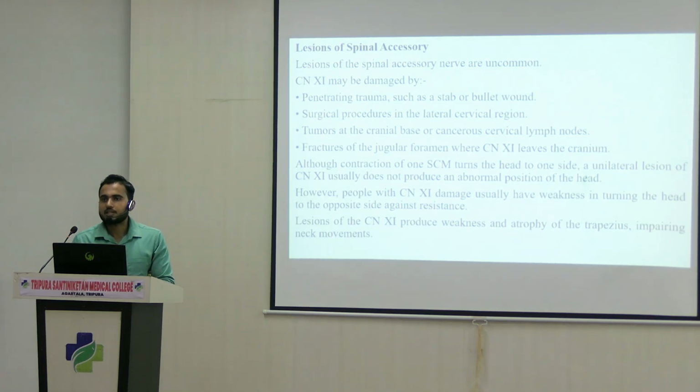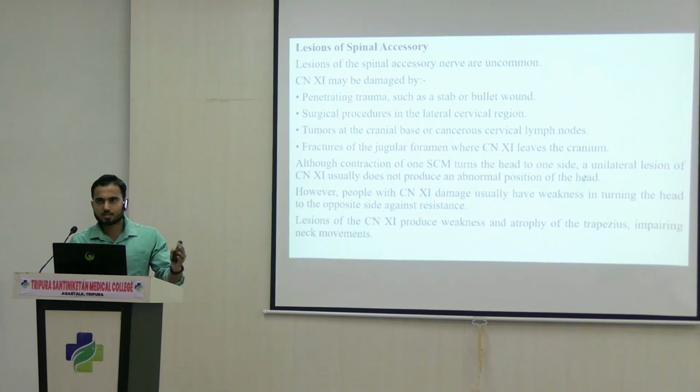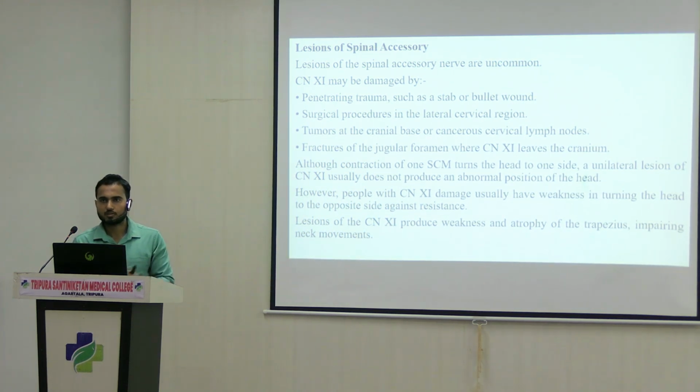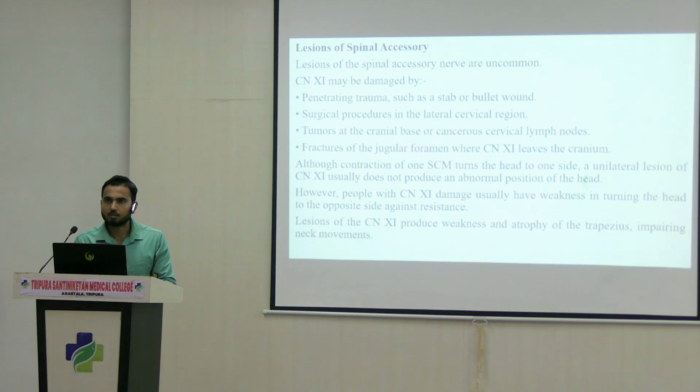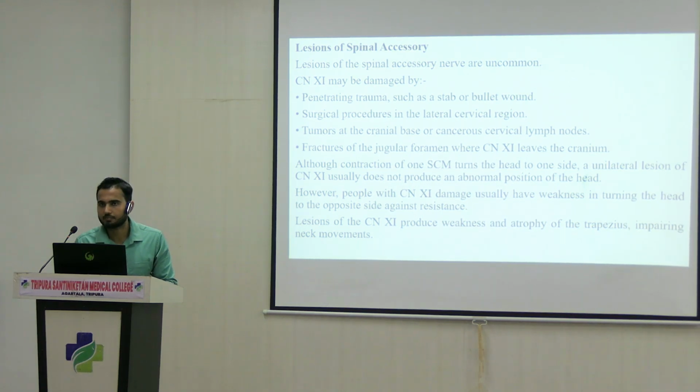Next, we have discussed the various blood vessels. Now there may be lesions in the spinal accessory nerve also, which is also called the 11th cranial nerve. Generally damage to the spinal accessory nerve in the neck is very uncommon, but there may be injury to it.